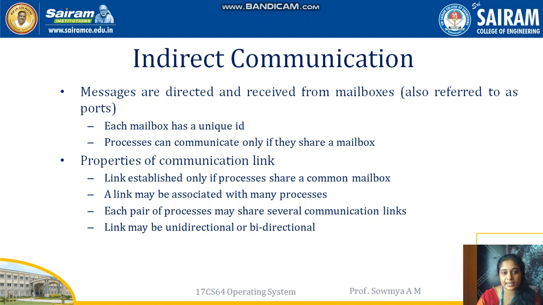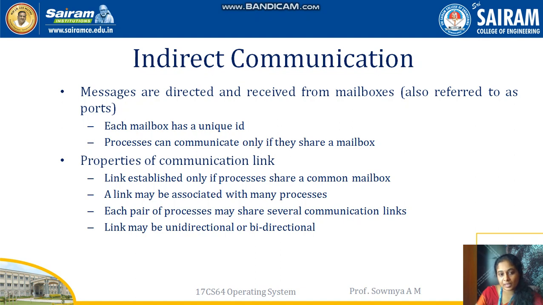Next is indirect communication. In indirect communication, instead of giving the receiver address and sending the data, a unique mailbox ID is created. One mailbox is created where the sender keeps the data and the receiver gets the data from that mailbox.